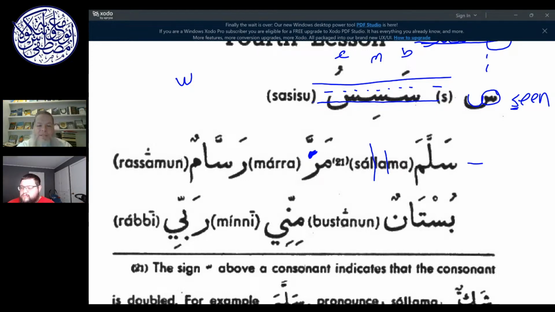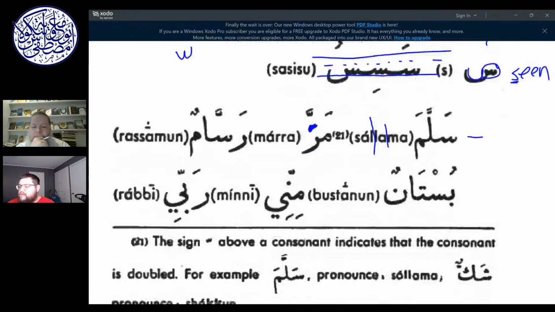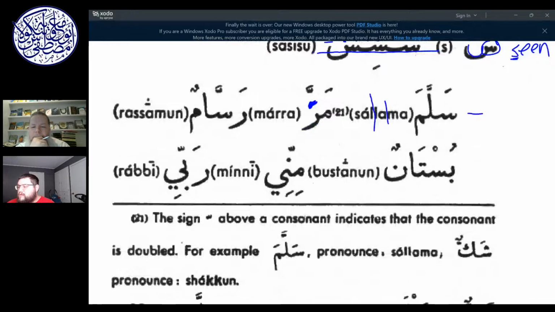Yes, excellent. Next line. Bustanun. Exactly. That means garden or park, mostly garden. And that's going to be one of our words in one of our future upcoming lessons.